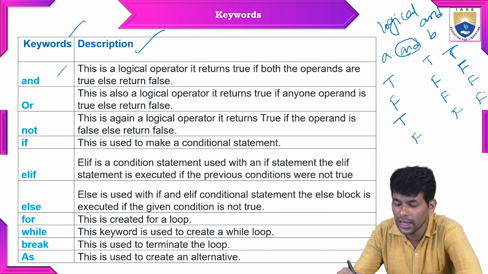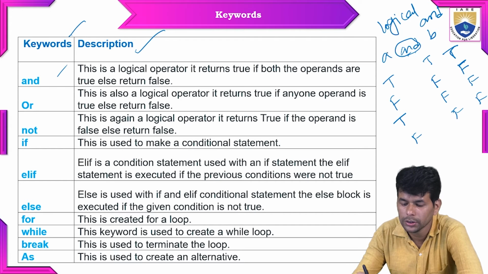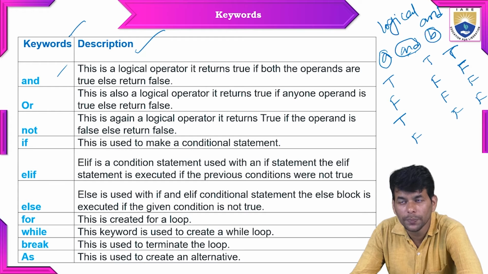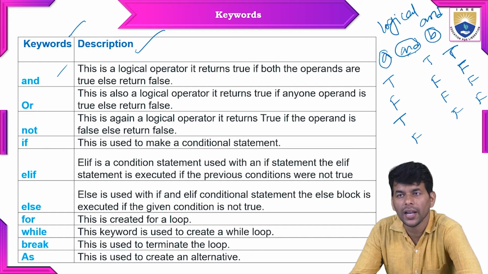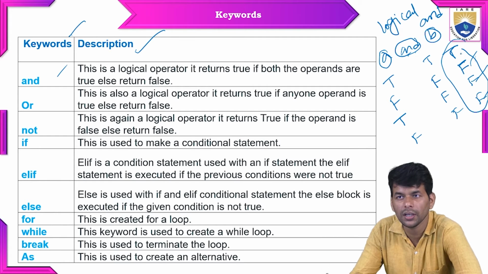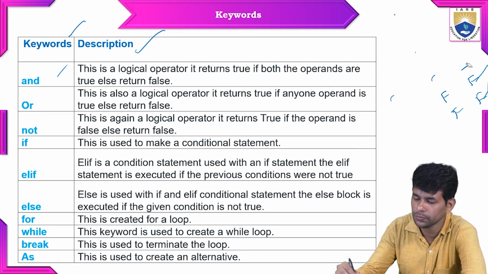That means with the logical AND operator, both statements have to be true. If any one of the statements becomes false, the output will be false. Is that clear? Then I will give a clear description here. Let us assume.